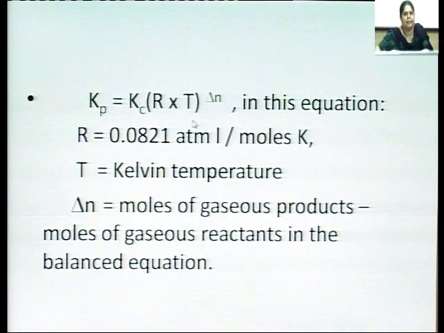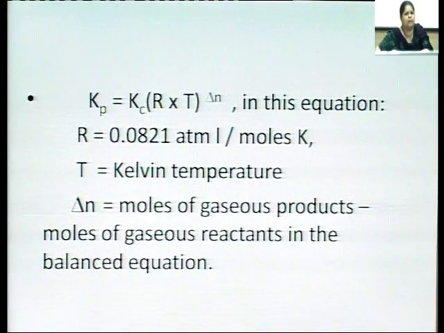T is the temperature in the Kelvin scale, and delta n is the difference between the number of moles of the gaseous products and the number of moles of the gaseous reactants in the balanced equation.